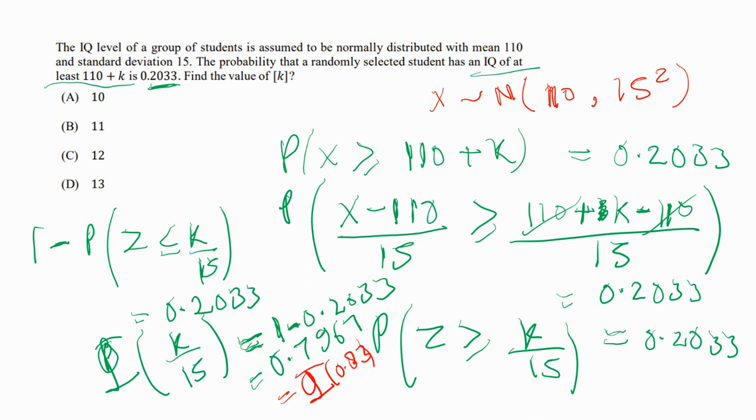So k by 15 will be what? It will be 0.83. So k will be 0.83 times 15, which is equal to 12.45.